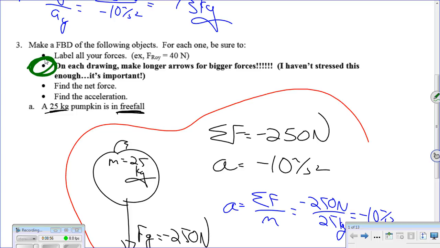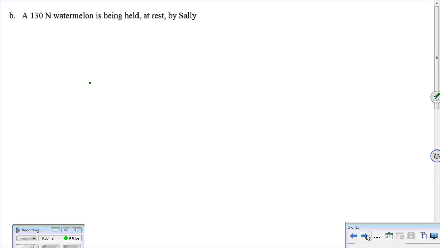On this one, it didn't matter because there was only one arrow. But as I move forward, the more force is being exerted, the longer I'm going to draw the arrow. So try to get in the habit of doing that, and I'll try to be better about reminding you about it.